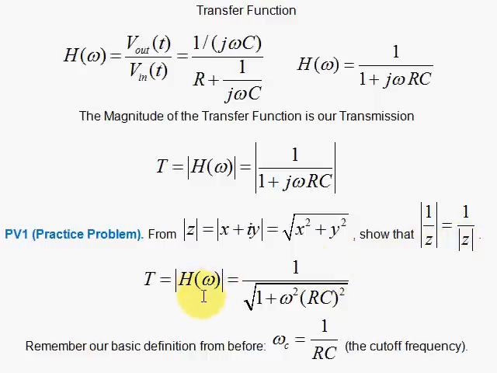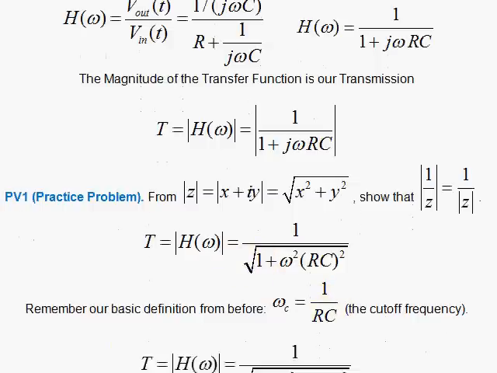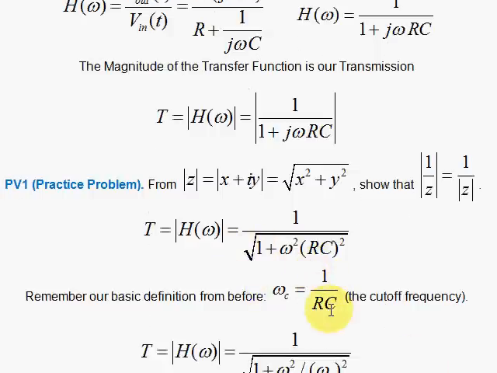And then, by applying that to the denominator, I get 1 squared plus omega squared R squared C squared, add together and take the square root. So that is my transmission, the absolute value of the transfer function. And notice that the cutoff frequency is 1 over RC, as we have seen earlier.